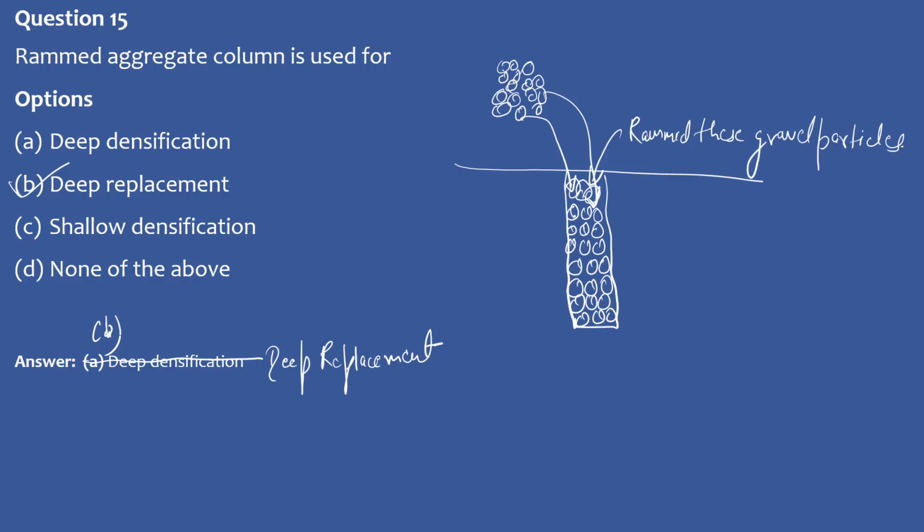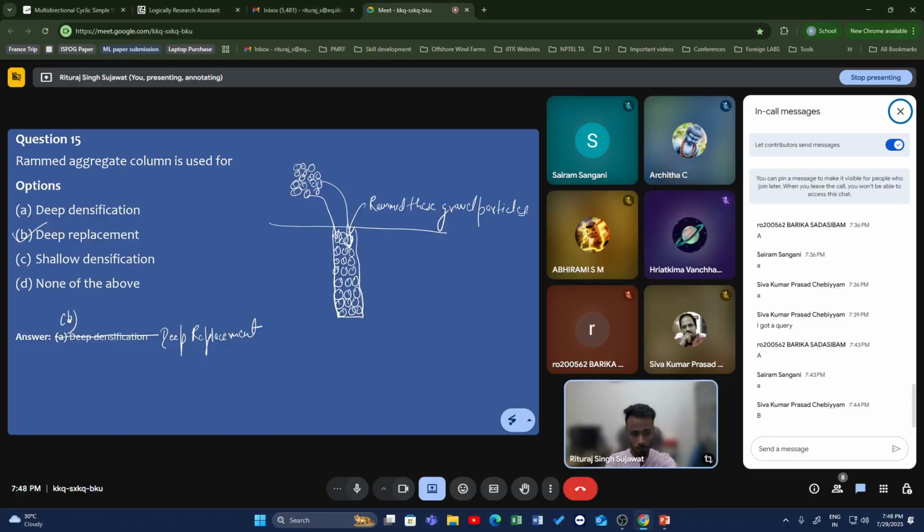So that's how you are improving your ground. This phenomenon from the rammed aggregate is known as the deep replacement.